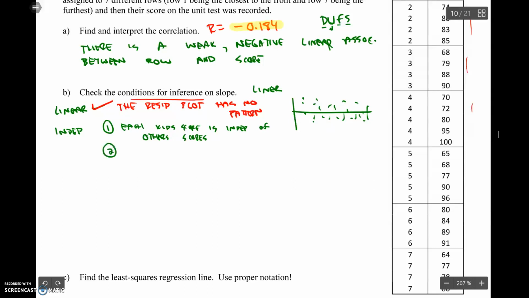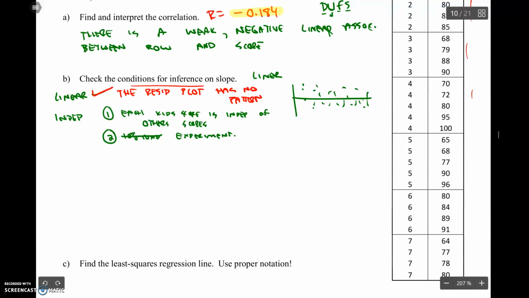Each kid's score is independent of what everyone else is doing. Second portion of this check is the 10% condition, which we will not check because this is an experiment. We actually aren't sampling at all here, so we don't check the 10% condition. We assign these kids to these places, so we're going to say that passes.